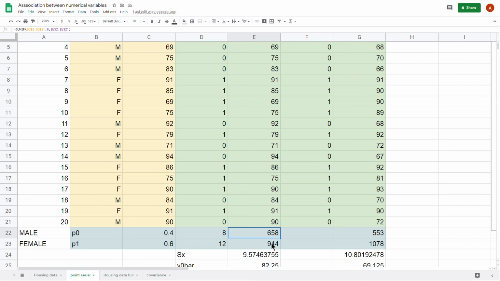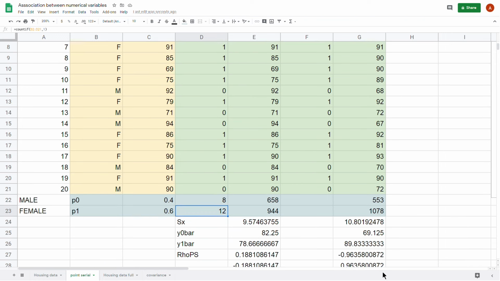Now, what is the mean of this group? I have 12 students in this group. So, the mean of this group is 944 divided by 12, which is equal to 78.66. So, y1 bar is giving me the mean of the female group, the average mark of the female students.